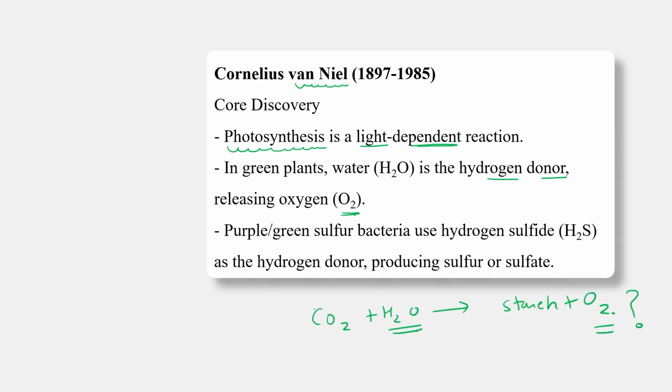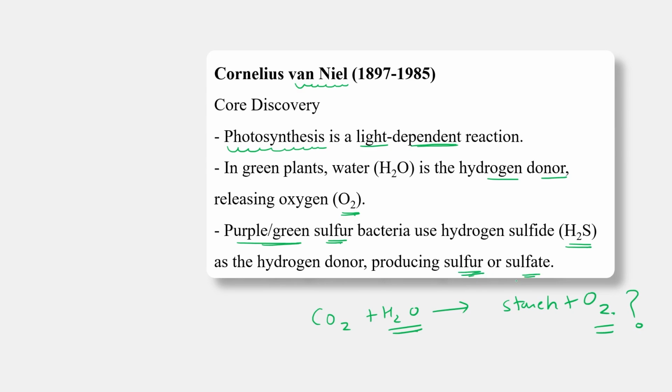To prove that, he used purple sulfur bacteria. These purple sulfur bacteria are able to use hydrogen sulfide, that means H2S, as the hydrogen donor and release sulfur or sulfate.